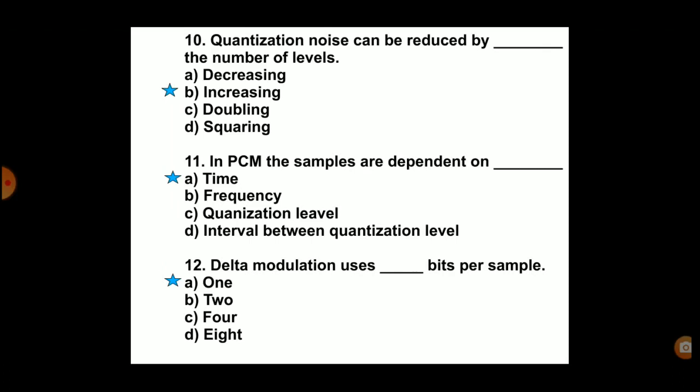First one time, frequency, quantization level, interval between quantization level. Correct answer is time. Delta modulation uses dash dash bits per sample. Options are 1, 2, 4, 8. Correct answer is 1.